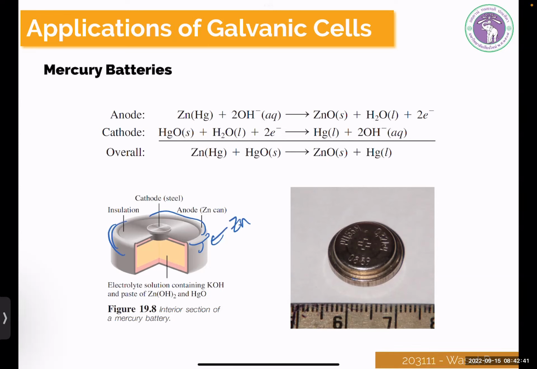The outer end is the zinc being covered like that, and the cathode is connected to the solution of mercury(II) oxide and also zinc 2+, right? And then as the reaction occurs, the mercury oxide gets reduced into mercury metal, and then you have the electricity flowing around in this case.